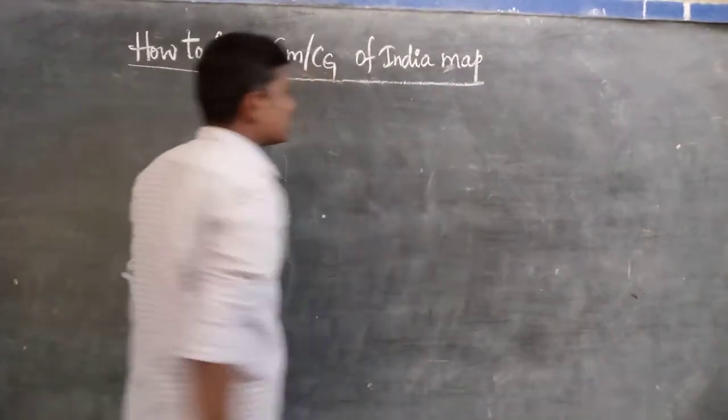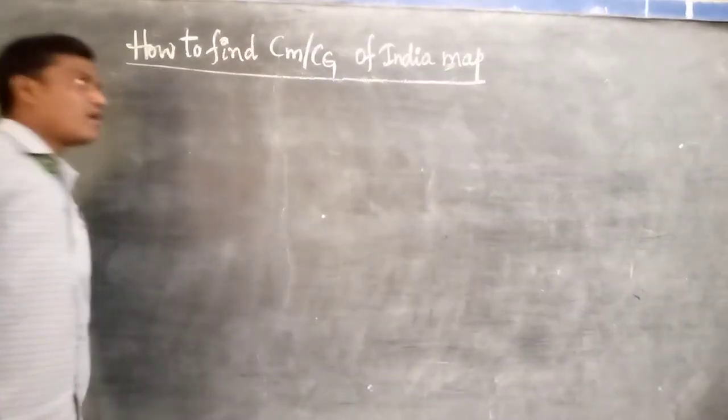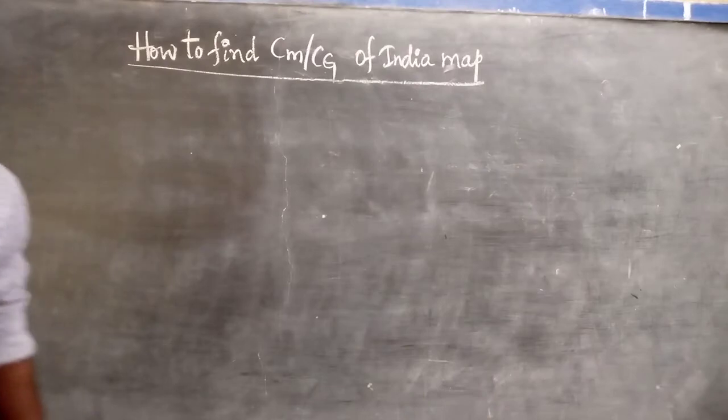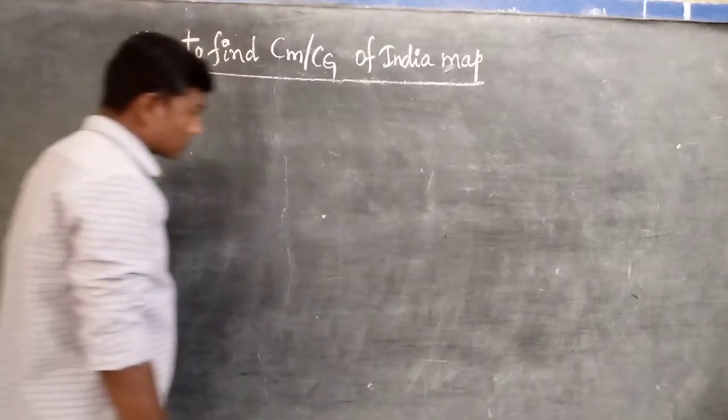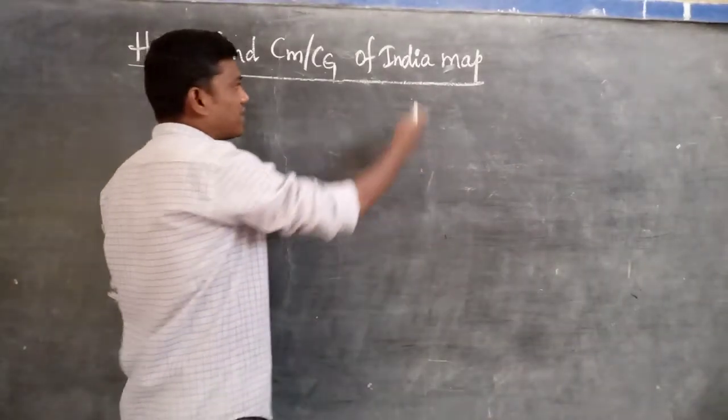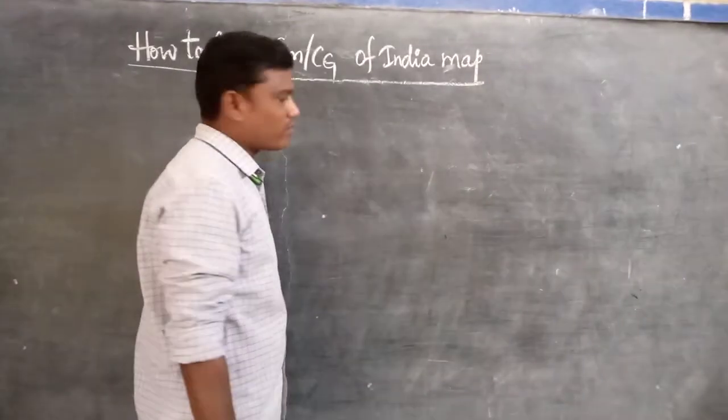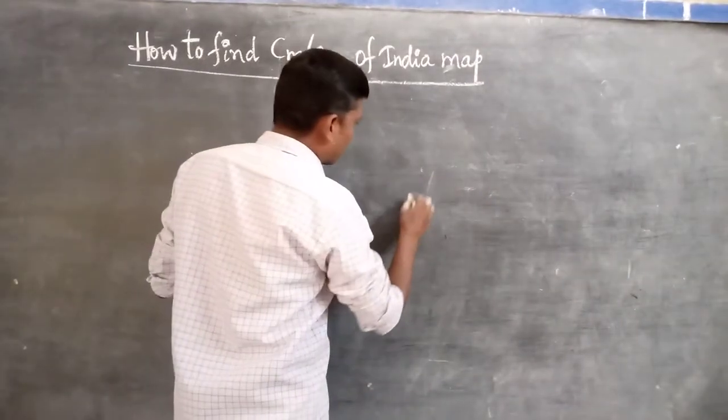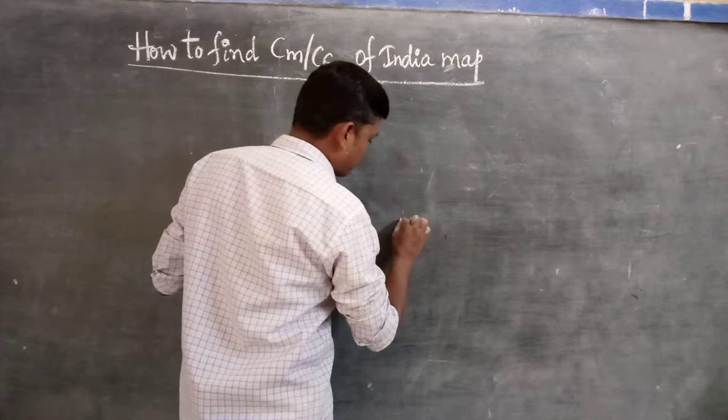How to find the center of mass or center of gravity of the India map made of steel? Generally, here the diagram is the India map diagram. I don't know exactly how to draw the diagram in a proper way.